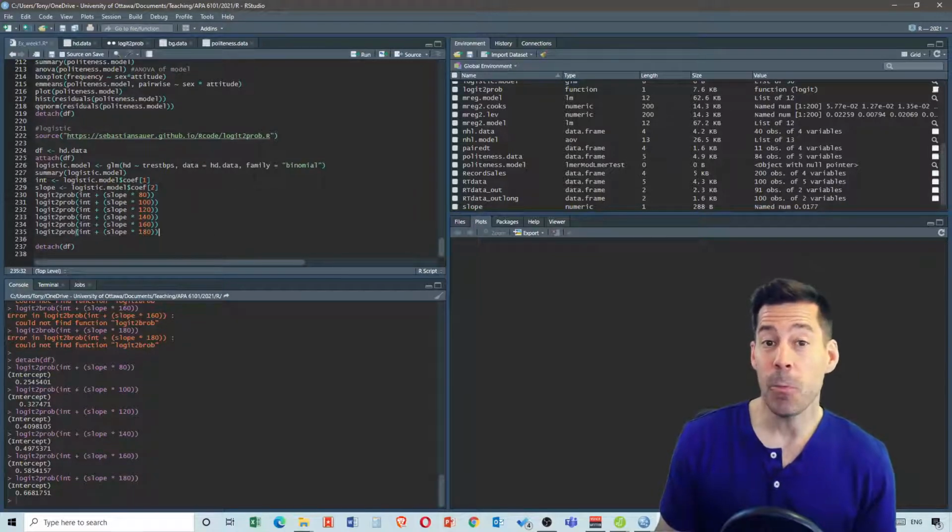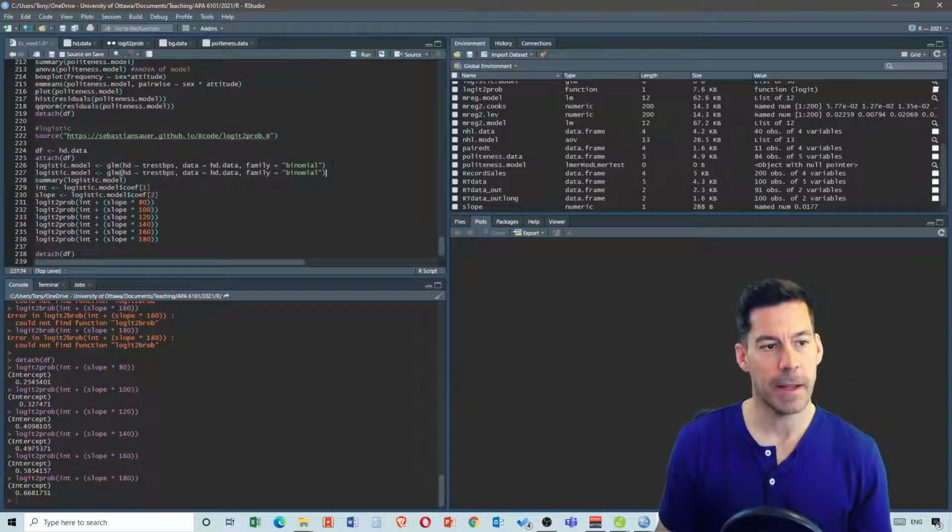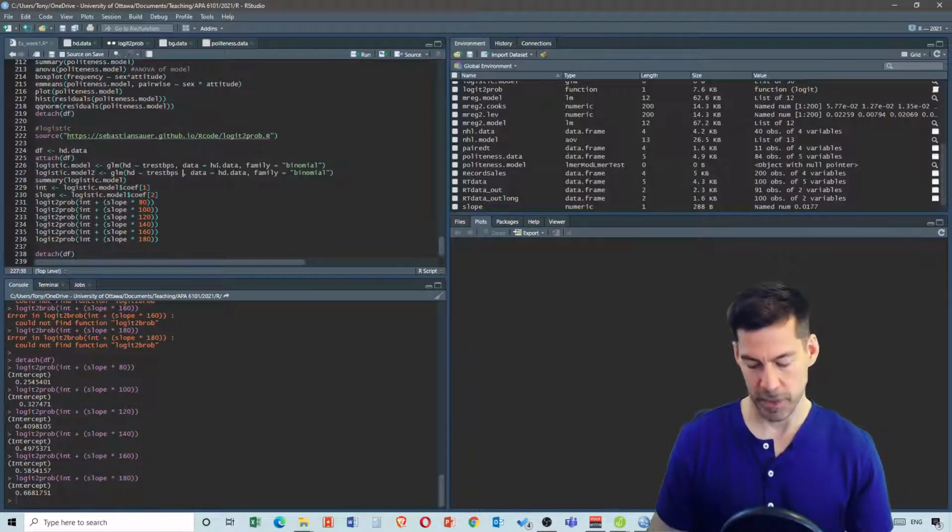Okay, now if we want to add a second model that includes sex, all I really need to do is take this command, copy and paste it, and I'll just call it logistic model 2. This time it's going to be heart disease as a function of resting blood pressure plus sex.